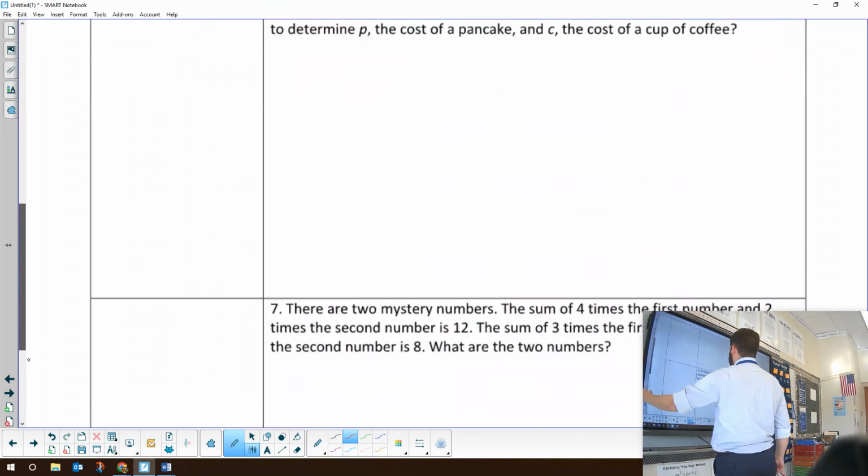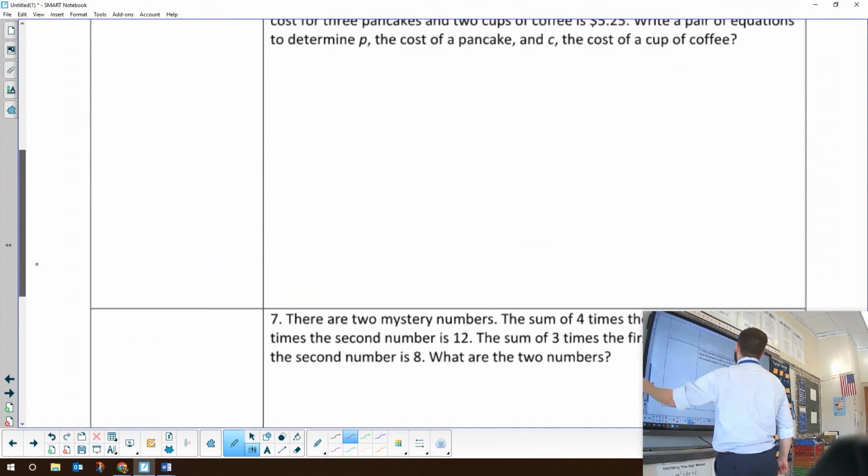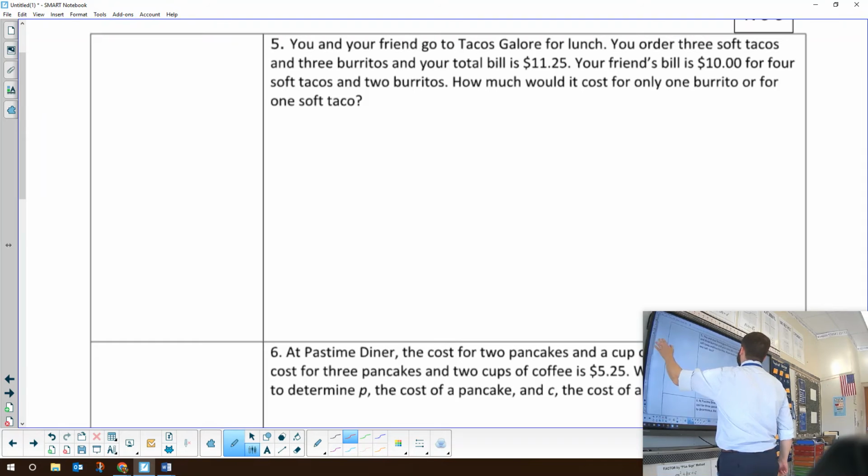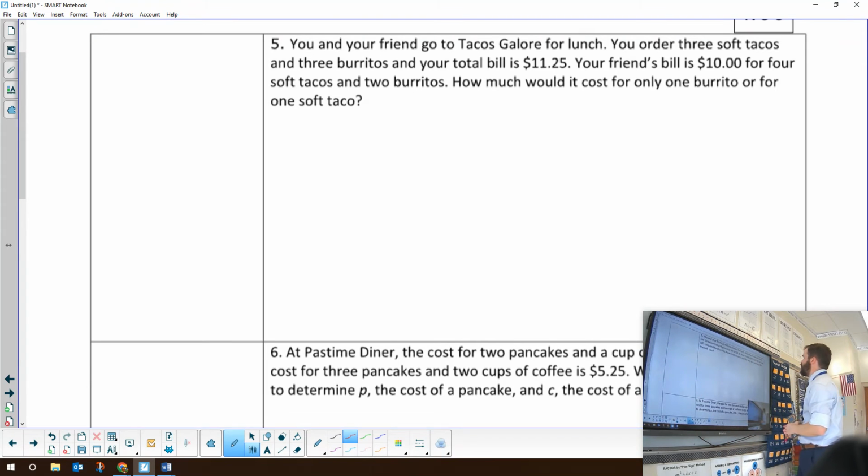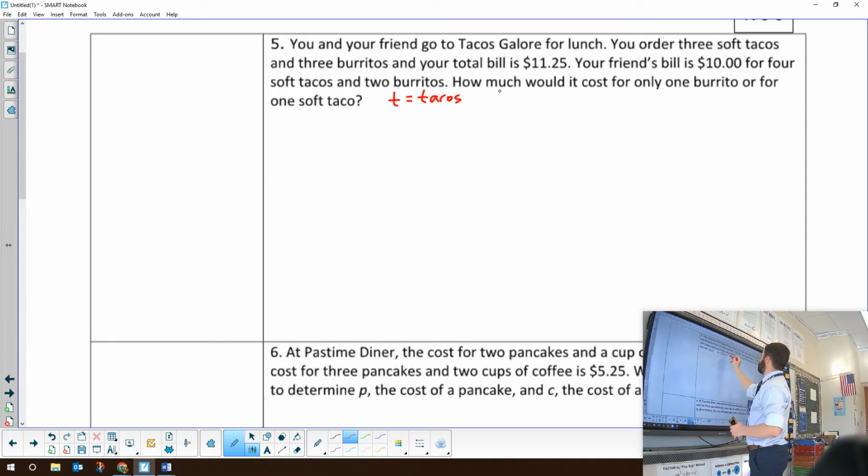All right, let's take a look now at our last 2 problems. So we have number 5, number 6, and then we'll save number 7 for later. So number 5, it says, you and your friend go to Tacos Galore for lunch. You order 3 soft tacos and 3 burritos. Okay, so we got tacos and burritos, right? So we're going to go T represents tacos, B represents burritos.